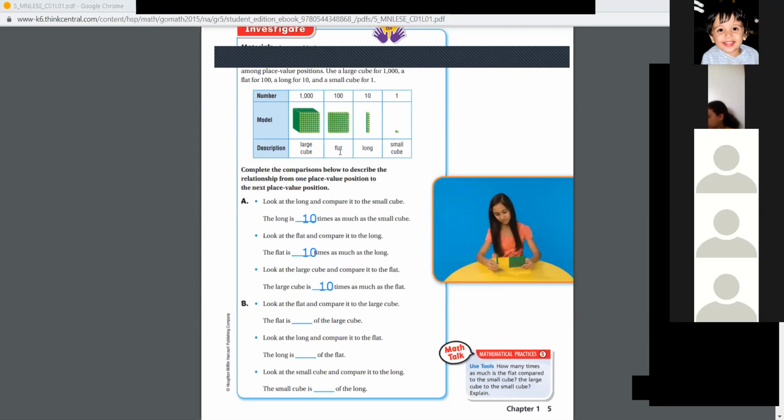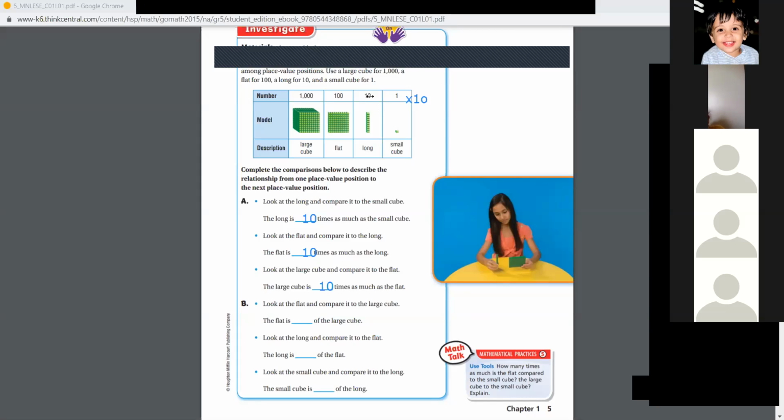When you go from small ones to 1,000, every time you need to multiply by 10. If I multiply 1 times 10, it gives me 10.